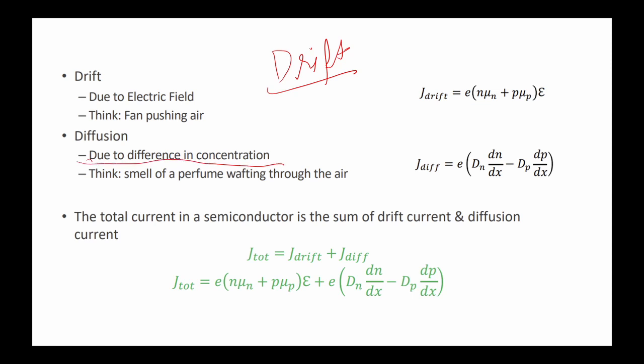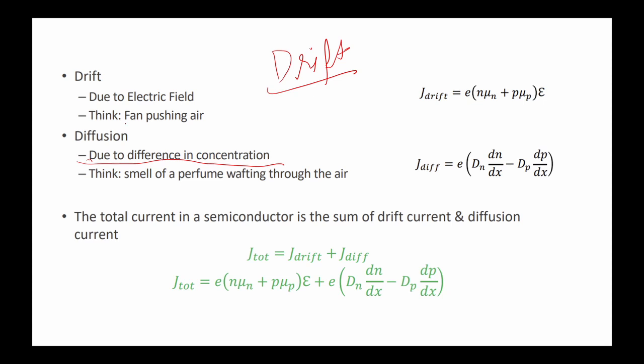A perfect example of drift current is a fan pushing air. You can assume there is a source of electrons which are being pushed, and the fan is nothing but the electric field.